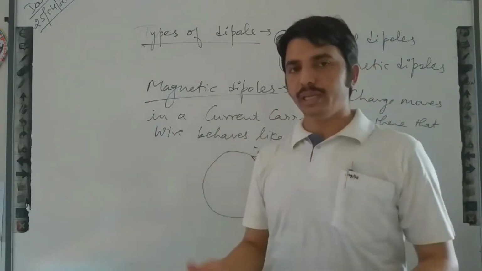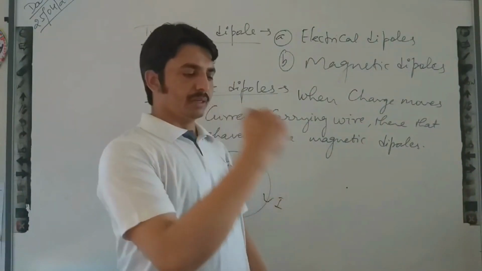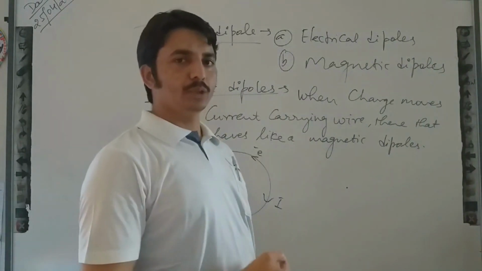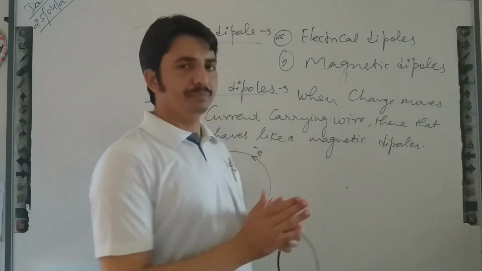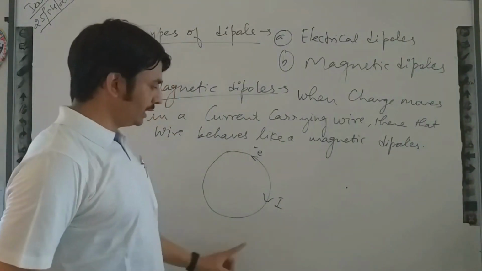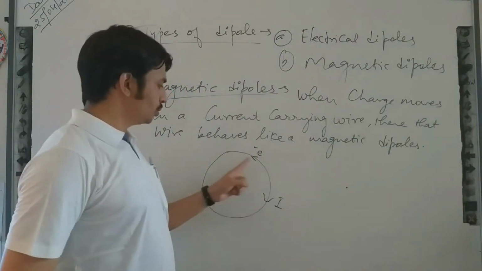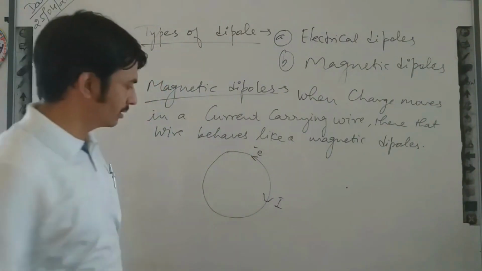Okay, or you can easily understand: if the direction of current is clockwise when we are seeing from this side, that end is south. In this case, what is the direction of current? In this case, the direction of the current is anti-clockwise, so this end will be north.